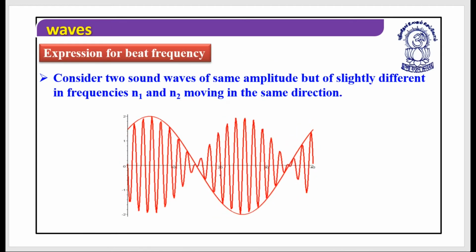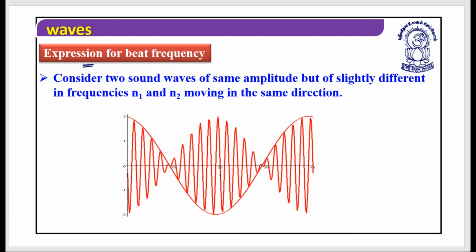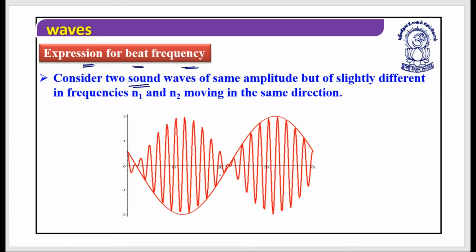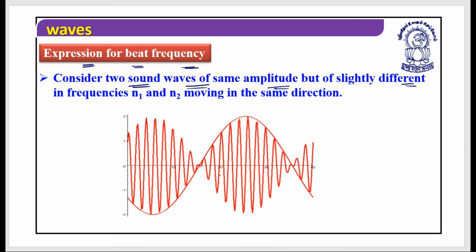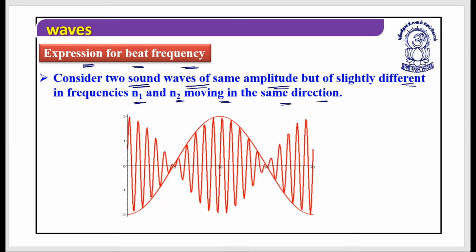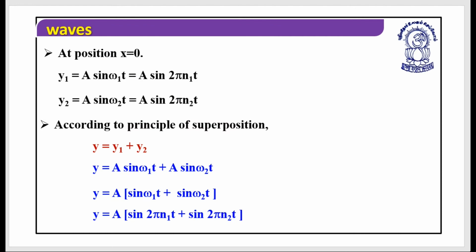Great. Now let's derive the expression for the beat frequency. Consider two sound waves of the same amplitude but slightly different frequencies n1 and n2 moving in the same direction, and let's suppose x equals 0.